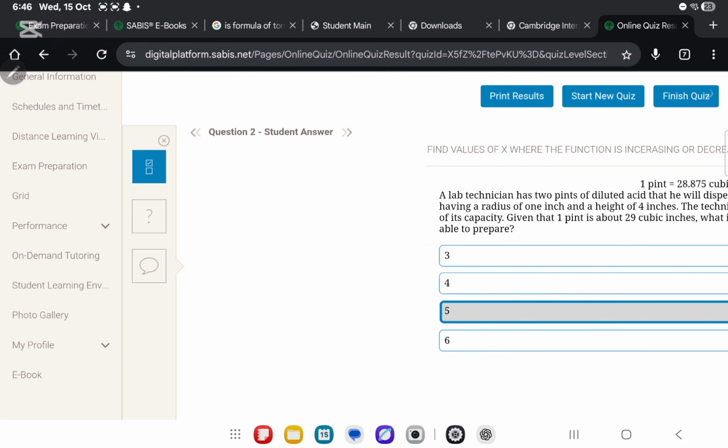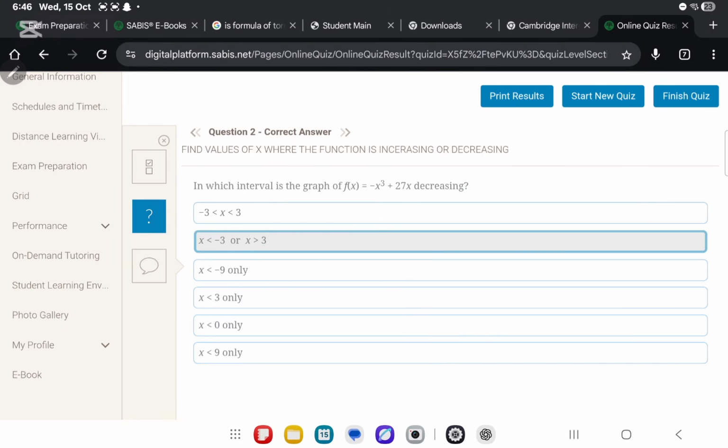Okay, question 2. In which interval is the graph of f of x decreasing? To find when the function is decreasing, you're gonna find f prime of x and set it less than 0. So let's differentiate this function. F prime of x equals negative 3x squared plus 27.